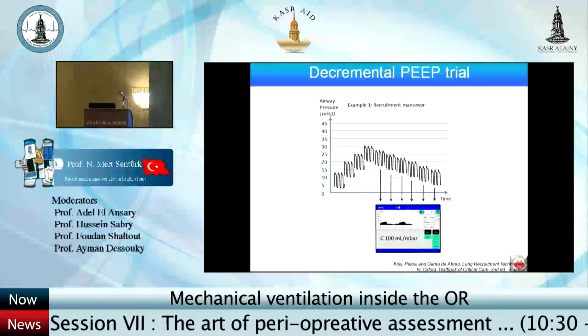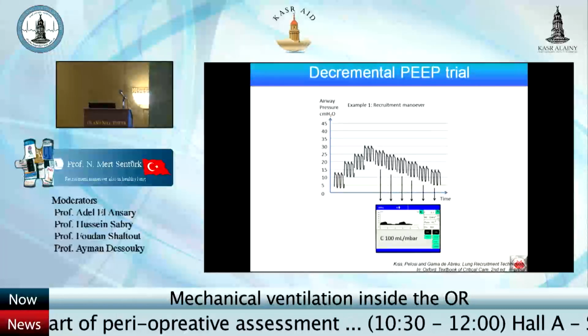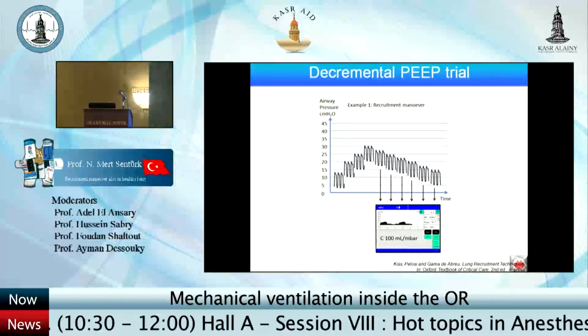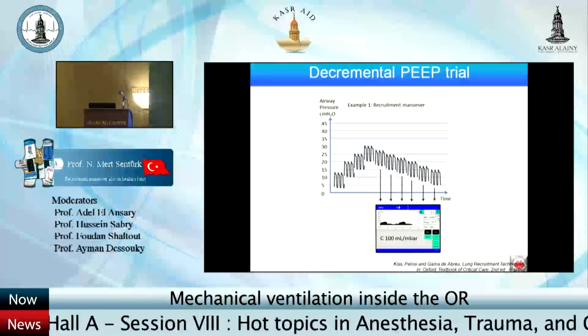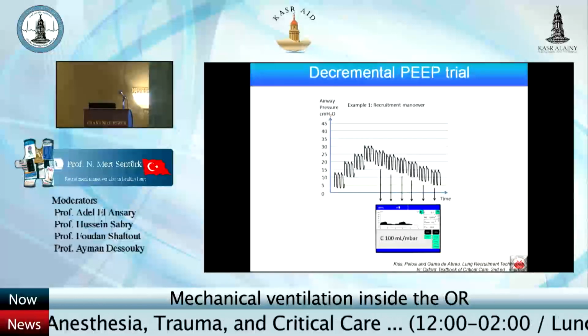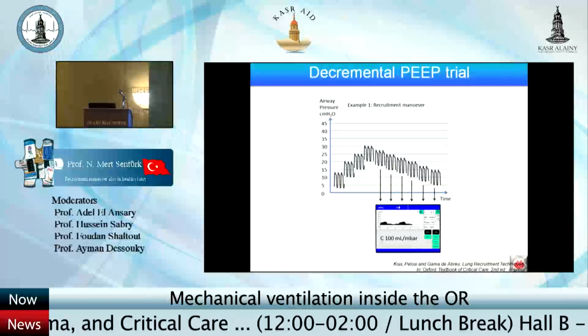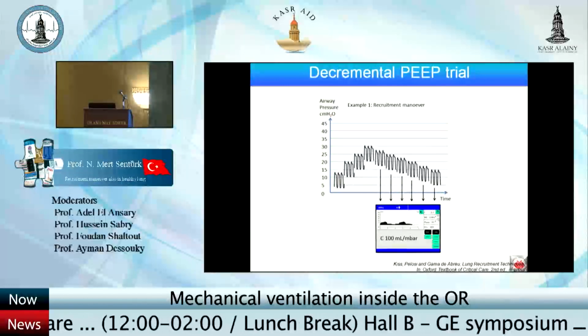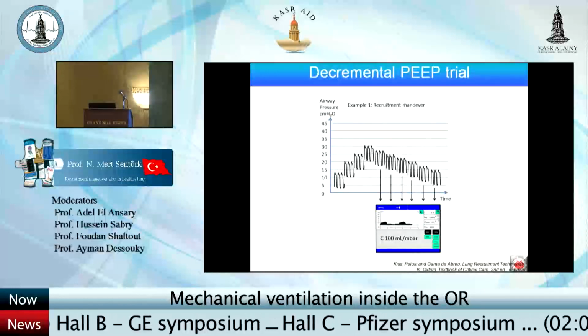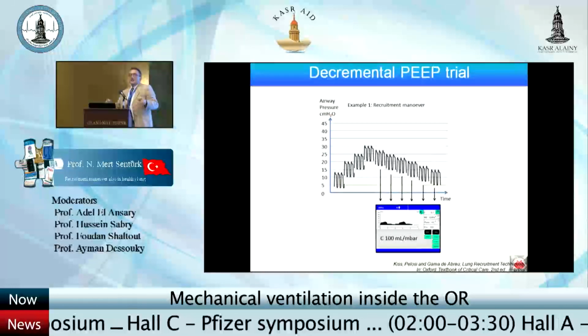Afterwards, you have to perform another recruitment maneuver because you are already below your ideal PEEP. You have to repeat your recruitment maneuver to open your alveoli again. And afterwards, after the second recruitment maneuver, you can apply the ideal PEEP now, and this would be the best way for protective ventilation.